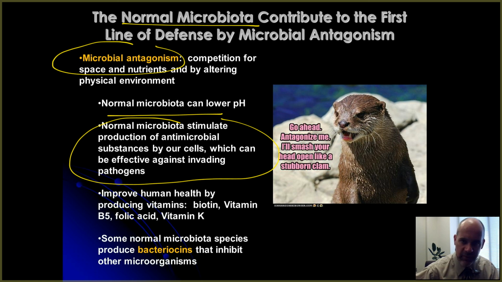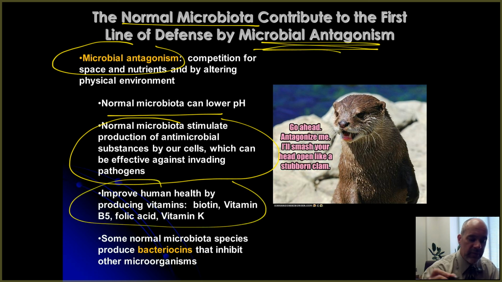And that's thought to play a role in microbial antagonism as well, improving your health. We've talked before about how some of your normal microbes down in the colon produce vitamins for us. That helps improve our health because we can't make vitamins on our own. We either get them from our diet or we rely on these normal microbes to make some of them for us, but we've got to have them. They're cofactors for enzymes that our cells have to use.